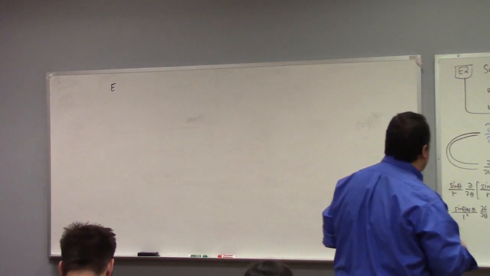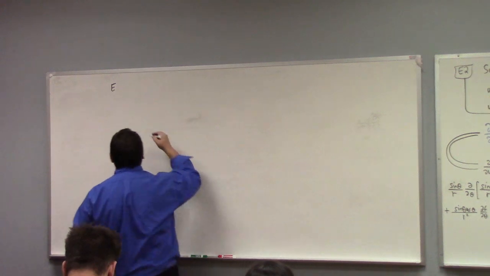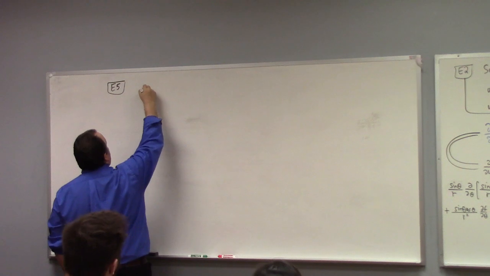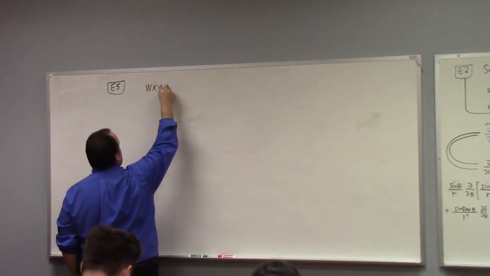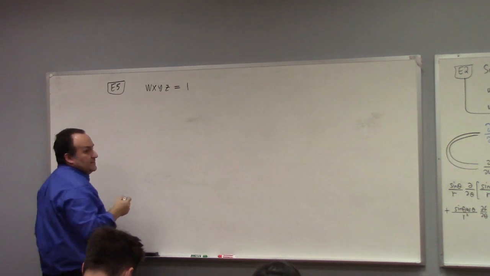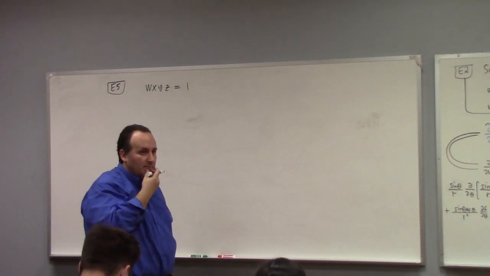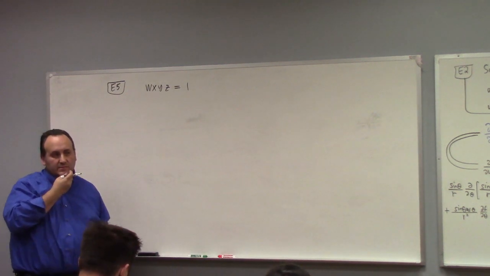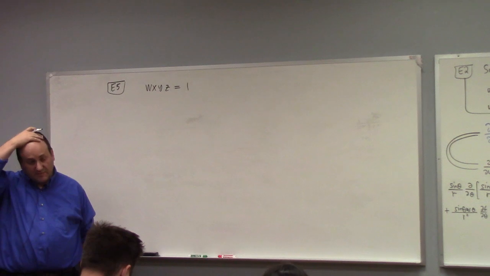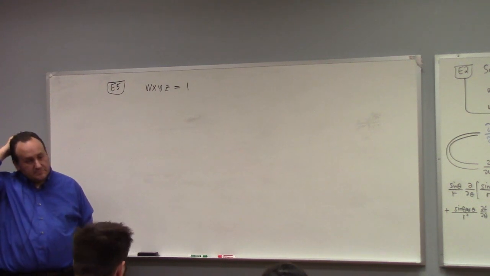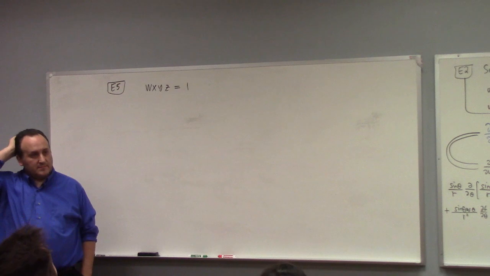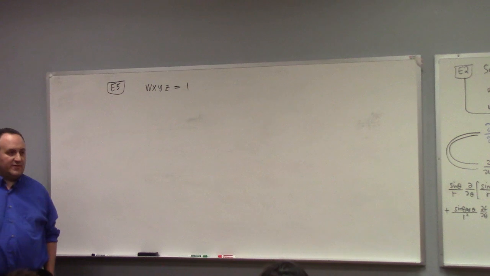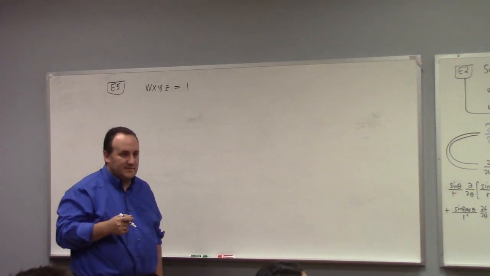So for example, what if you have something like w x y z equals 1? My question then is, which one's the independent and which one's the dependent variable here? Whatever I want is a very good answer. And how would I find the partial derivatives of whatever I want in terms of the other ones?